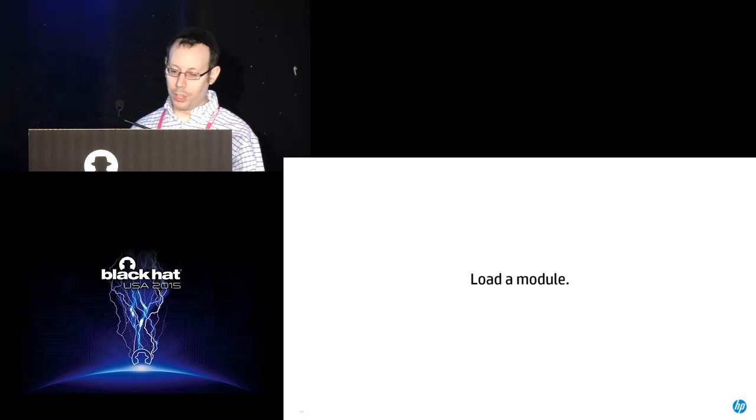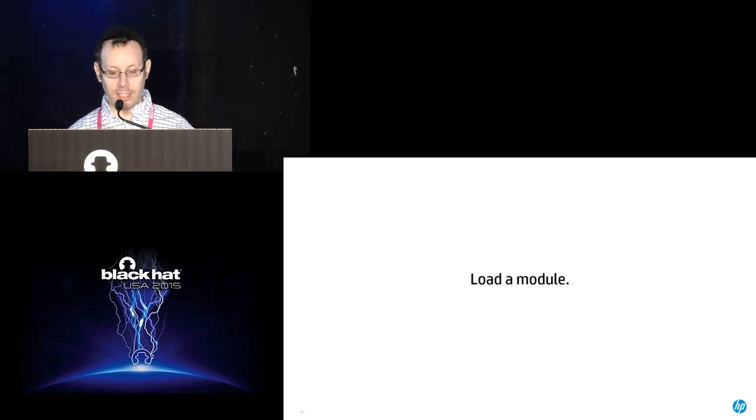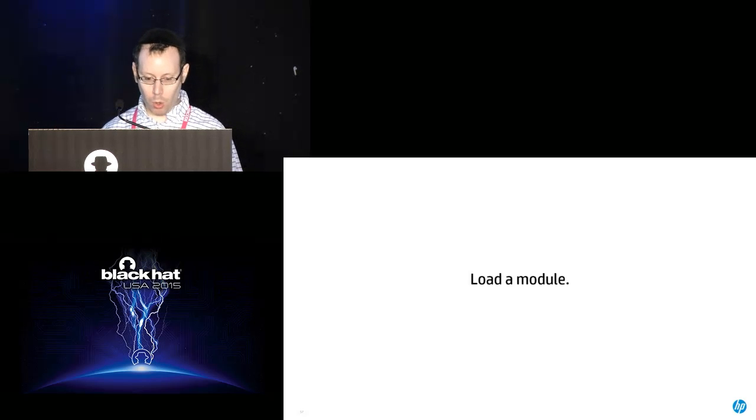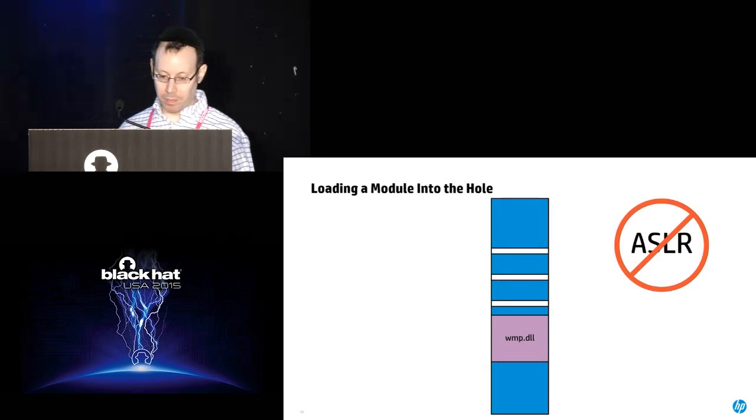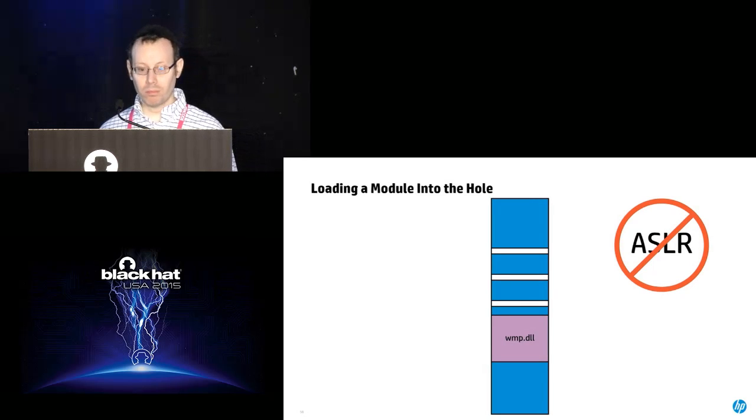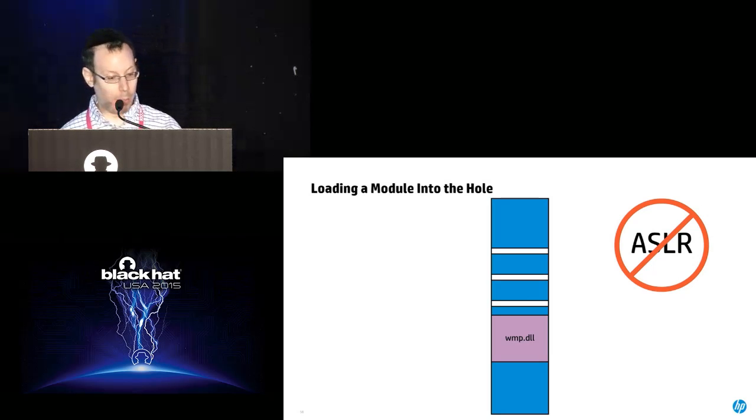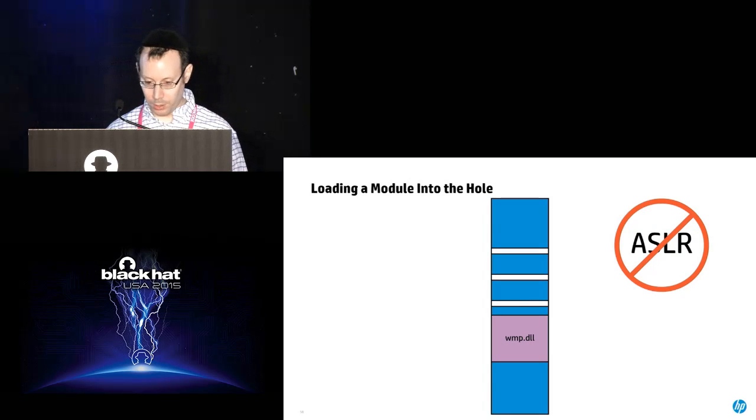Finally, we cause the loading of the module. It gets loaded exactly at the beginning of the hole because that's the only available place in the address space where that module is going to fit. So it's actually an ASLR bypass, and it runs quite efficiently and reliably. We're going to show a demo video here, what it looks like.